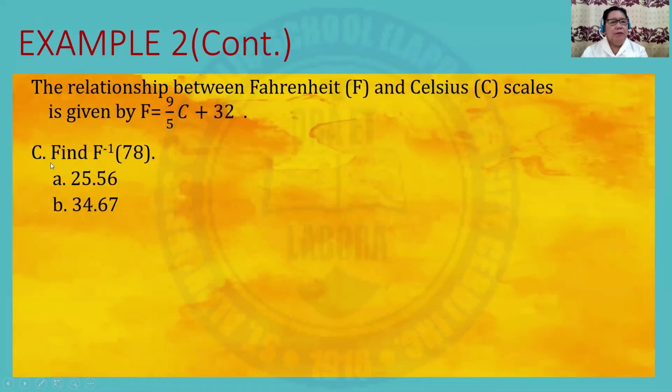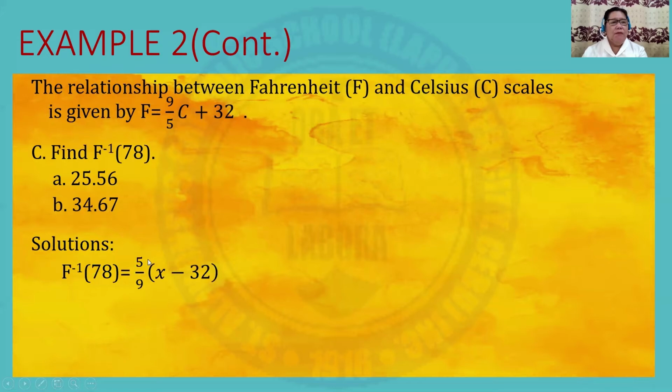And then for the third question of example number 2, find F to the -1 of 78. Is it A or is it B? So we will have to solve first. F to the -1 of 78 is equal to 5/9 times the quantity X minus 32.